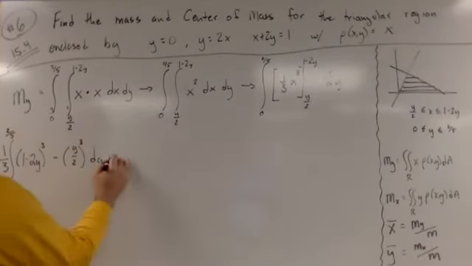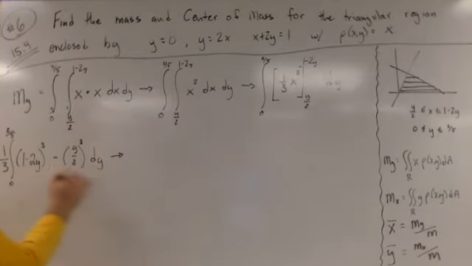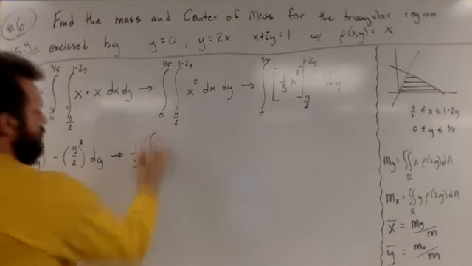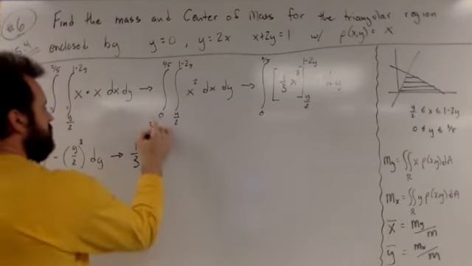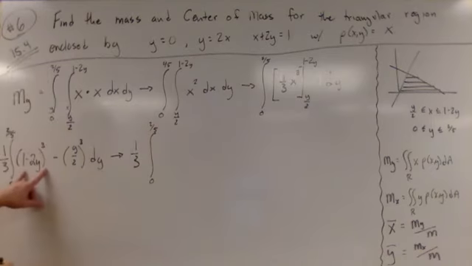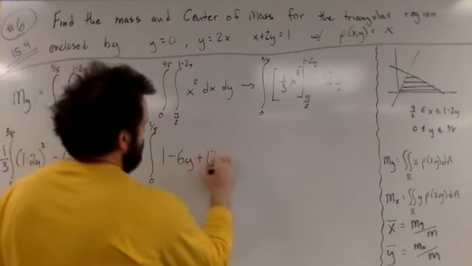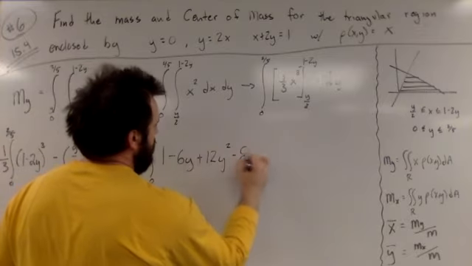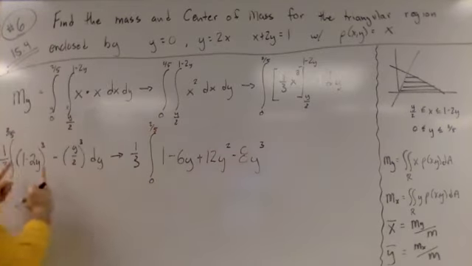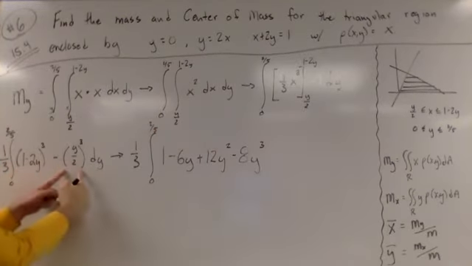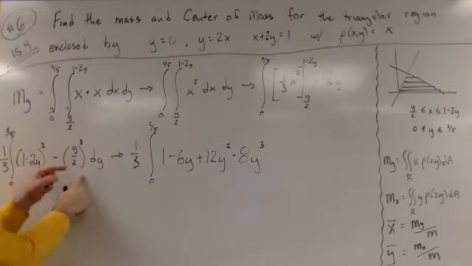When I write out that next step, I'm just going to simplify these. So I'm going to have 1/3, the integral from 0 to 2/5. When I multiply out the binomial, I'm going to get 1 minus 6y plus 12y squared minus 8y cubed. When I multiply this out, I'm going to get minus y cubed over 8.